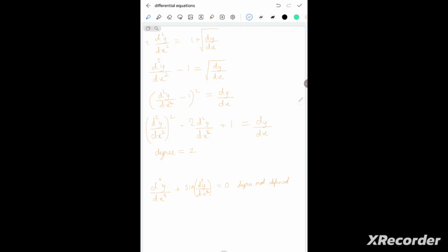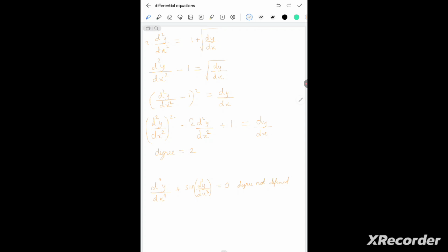Now squaring both sides, d square y by dx square minus 1 the whole square is equal to dy by dx. Now the radical sign is gone. So now this will become a polynomial. Okay, so d square y by dx square the whole raised to 2 minus 2 times d square y by dx square plus 1 is equal to dy by dx, using the expansion of a minus b the whole square.